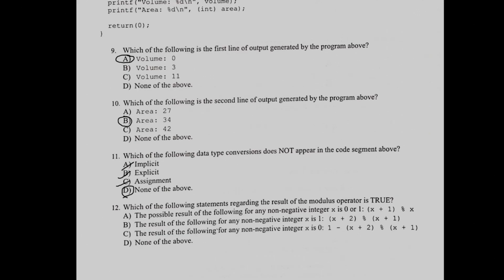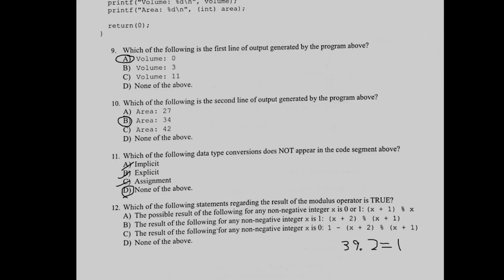12. Which of the following statements regarding the result of the modulus operator is true? A. The possible result of the following for any non-negative integer x is 0 or 1. Now this is a bit of a trick question, because for any number that you plug in, 1, 2, 3, 4, 5, for example, 3 modulus 2 is going to equal 1.